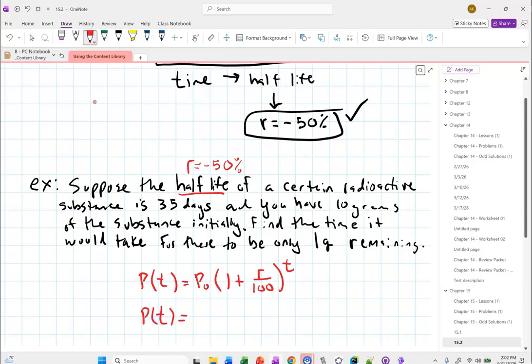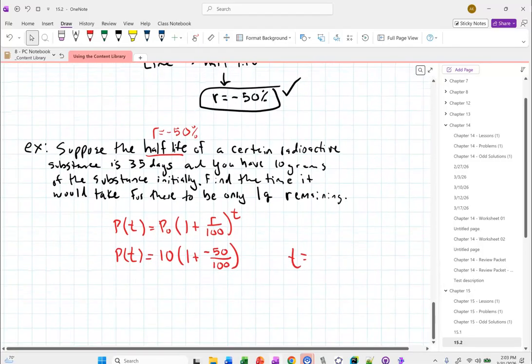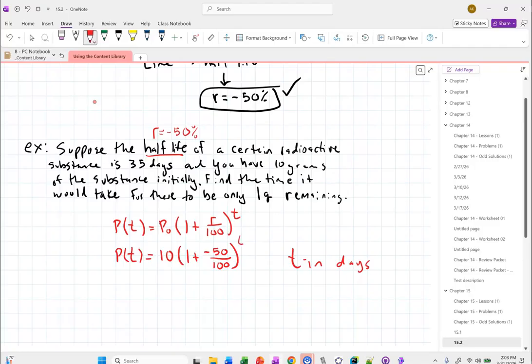So it says we have 10 grams initially, so that's my P naught. It says half-life, so that means R is negative 50. Now we need to decide what unit we want to use T in. So how much of a half-life do we have happen in 1 day? 1/35.